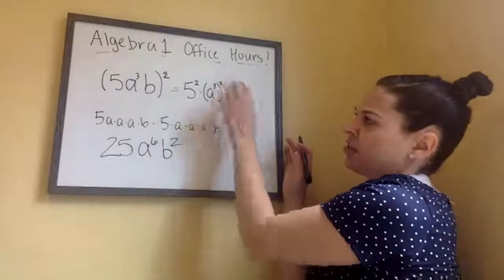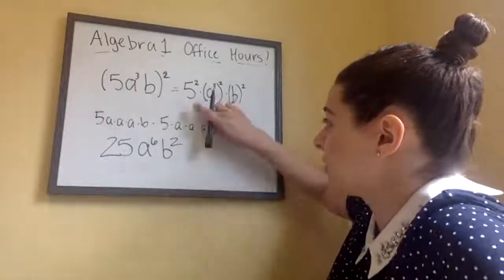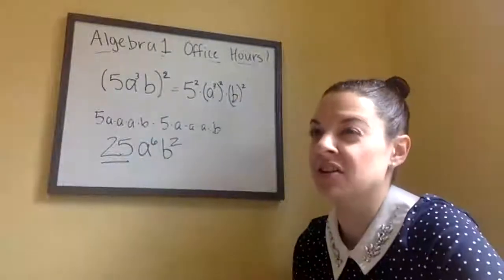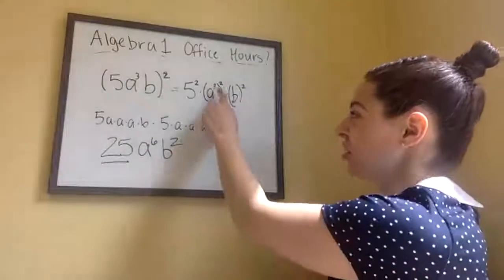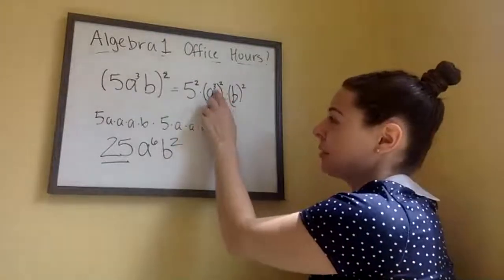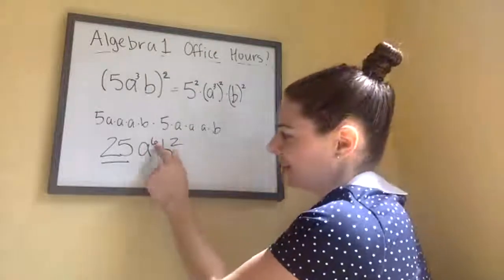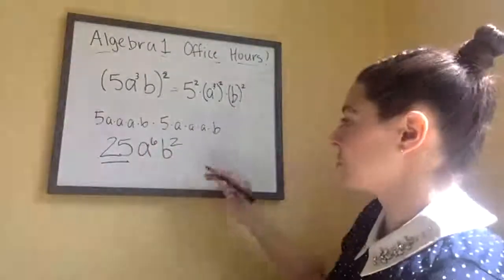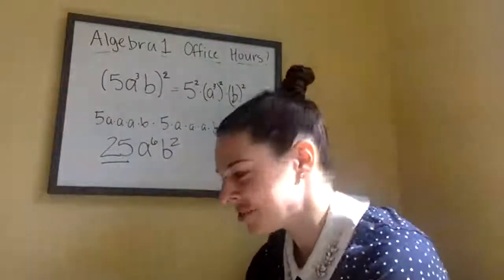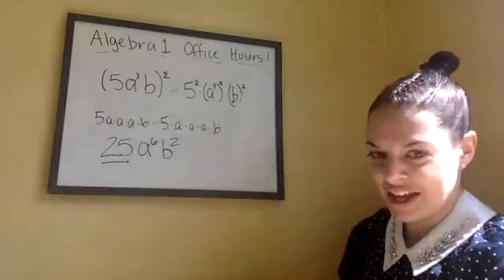This a to the third squared is where the rules of exponents kind of play a role. 5 squared, we get the 25. A to the third squared is like a to the third times a to the third, which we know is going to be a to the 6th, but if you ever have an exponent you raise to another exponent, just multiply them. That's what the rule says. So we get a to the 6th, and then b squared is just b squared. So either way, up to you. You can either expand it out or you can follow some of the rules that were given with exponents.